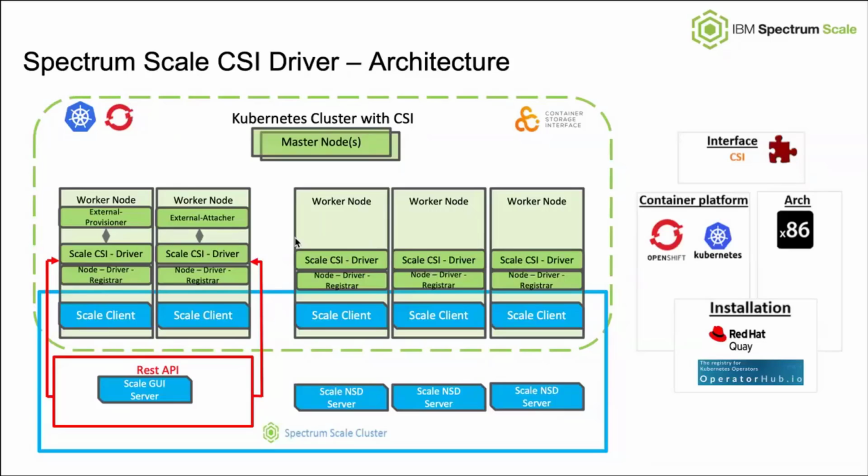The container platforms that we support today are OpenShift and Kubernetes. And currently x86 architecture is supported. Power will come later. And the driver is made available through container images hosted on Red Hat Quay and also on Operator Hub.